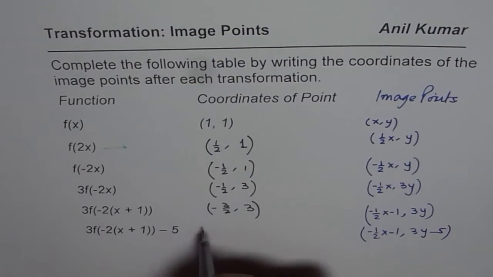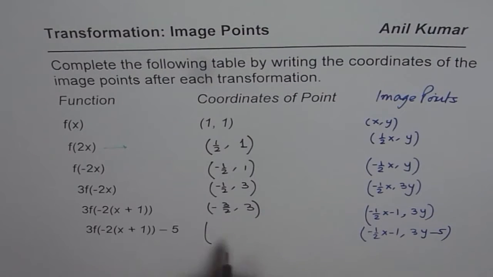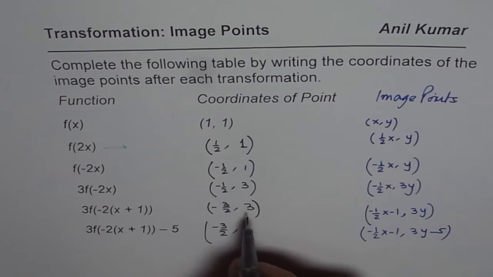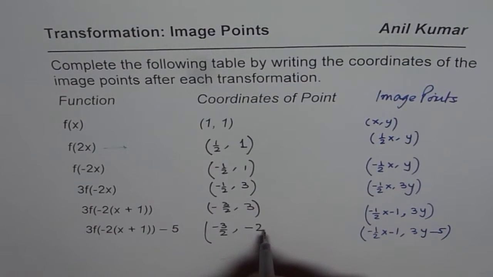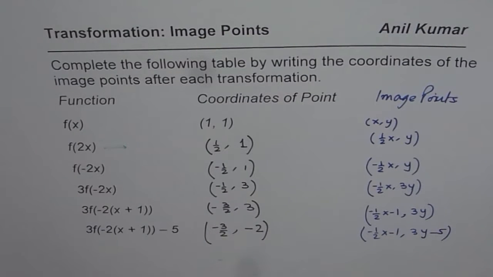That gives us the final value of the image point as (-3/2, 3-5), which is (-3/2, -2). So that is how we can get a series of image points as we perform the transformation in steps.